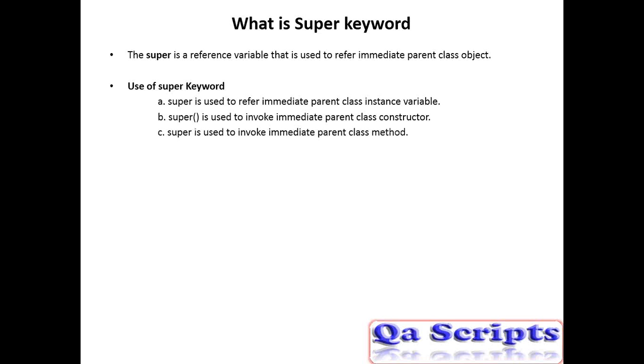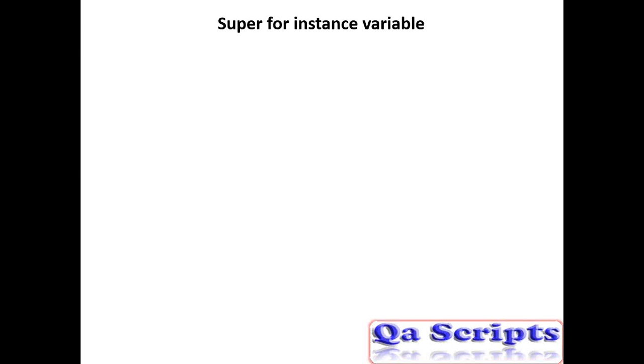This time we are going to use the super keyword to invoke methods. It may be one method or more than one method. Let us look at all of these points with simple examples. The first one is that super is used to refer to immediate parent class instance variables.